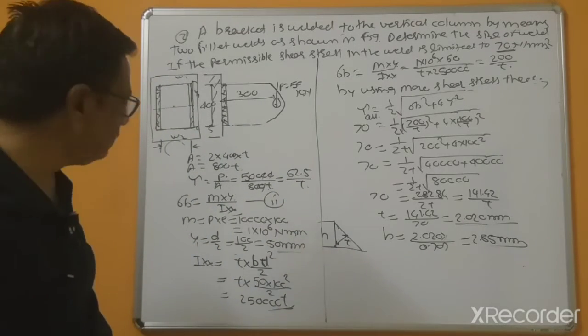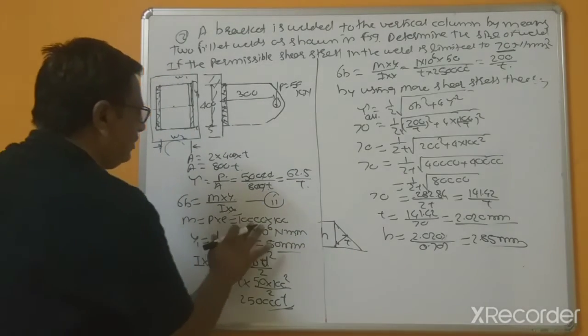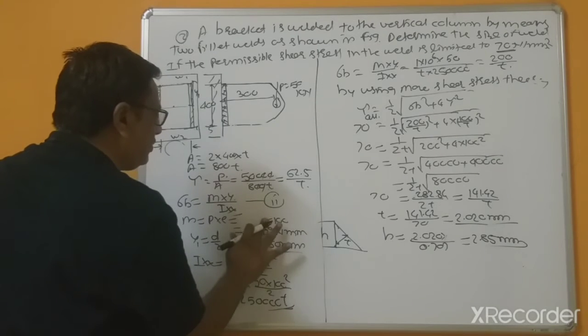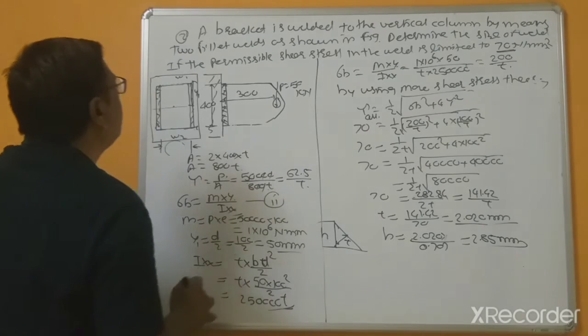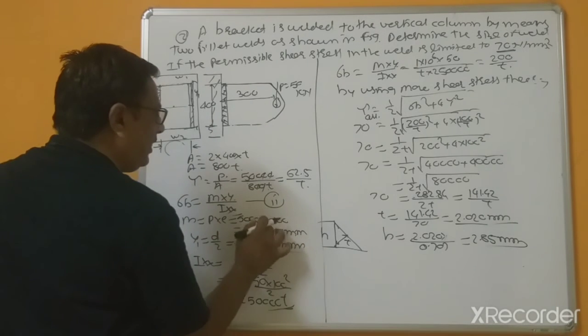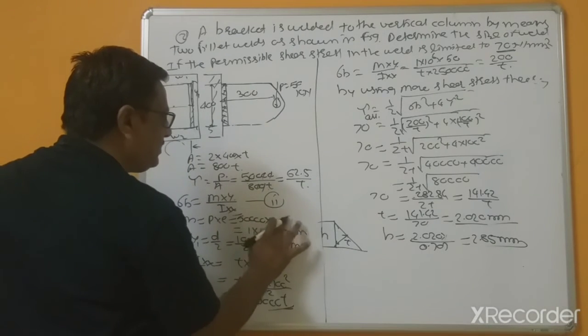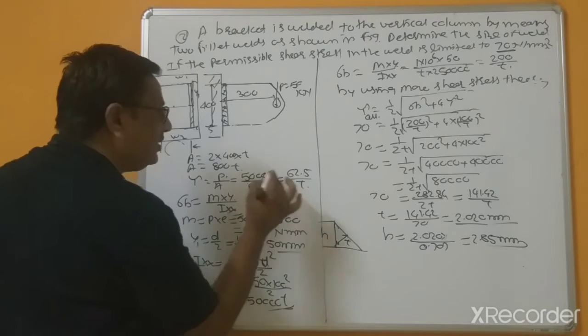Now moments. Instead of 10,000, this is 50,000, and this distance instead of 100 is 300.